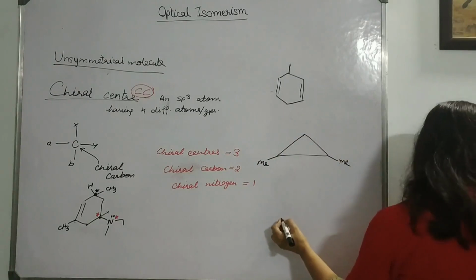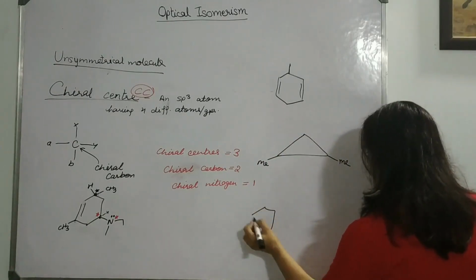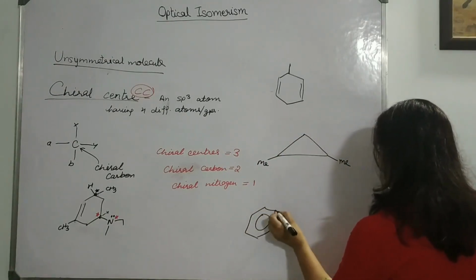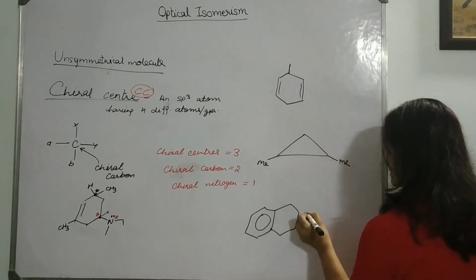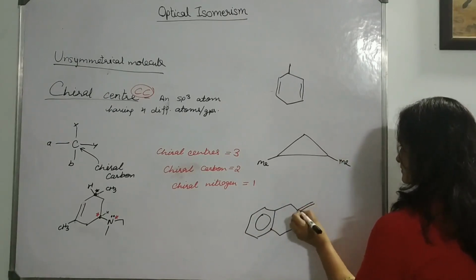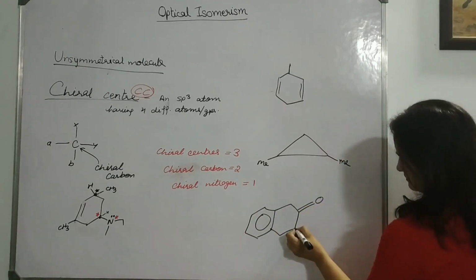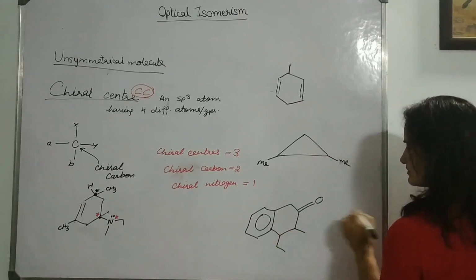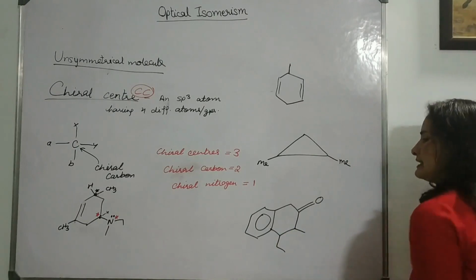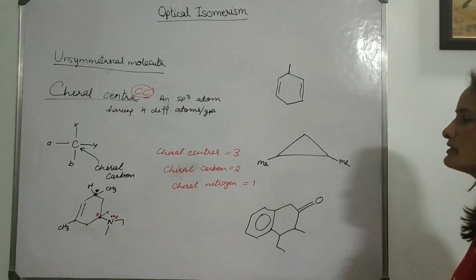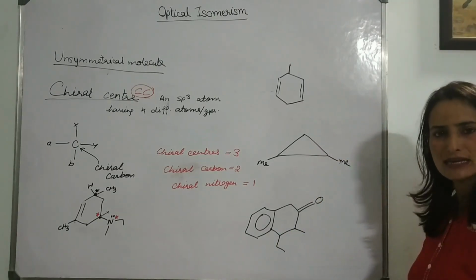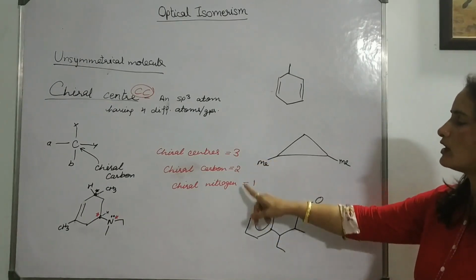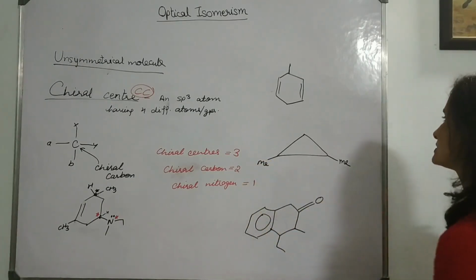Let's solve all these. In all the 3 examples, we will check how many total chiral centers there are, and out of the total, how many carbons and how many nitrogens.